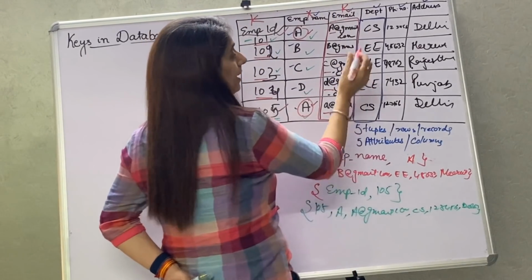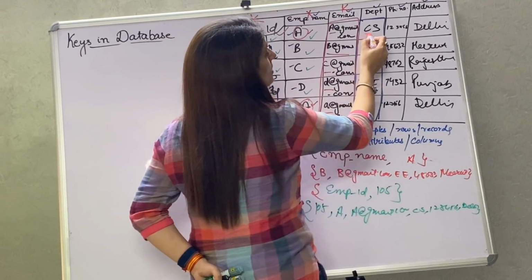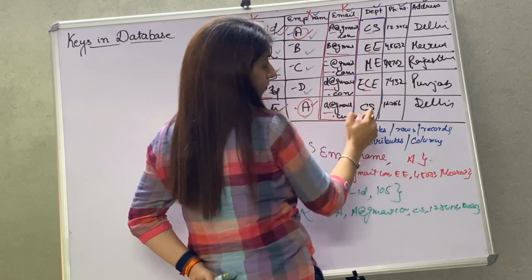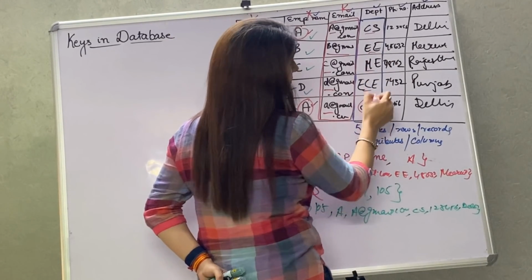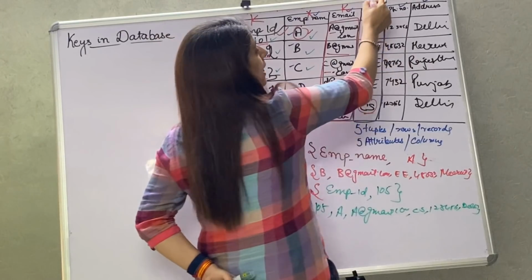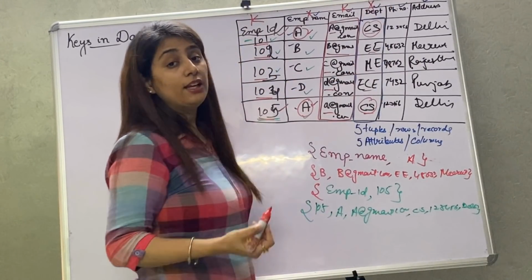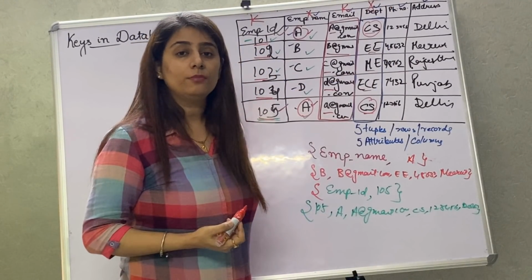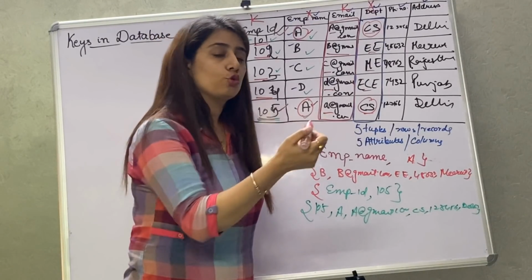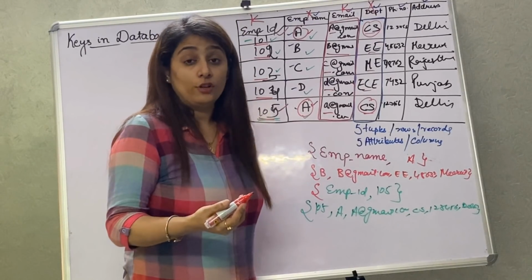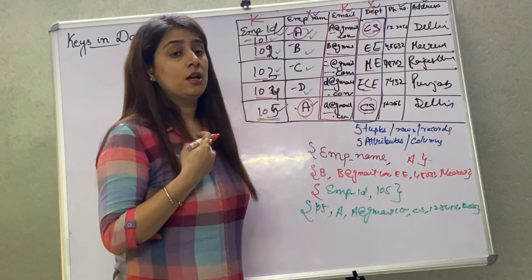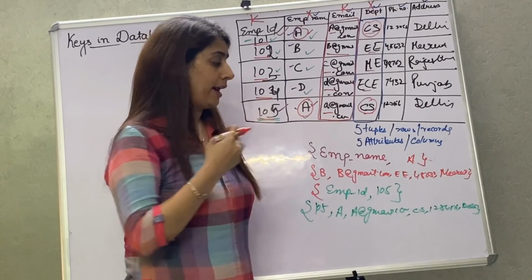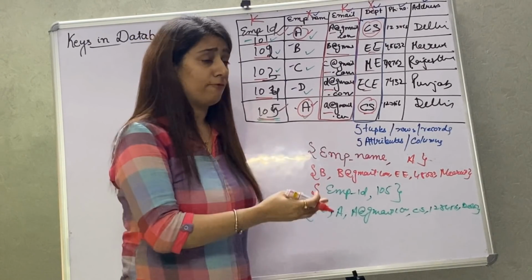Next, let's check the department also. CS is repeating here, so it cannot be a key. Obviously, phone number also cannot be the same; a phone number is not assigned to two persons. This will not happen, that I have one particular phone number and another person has the same phone number.